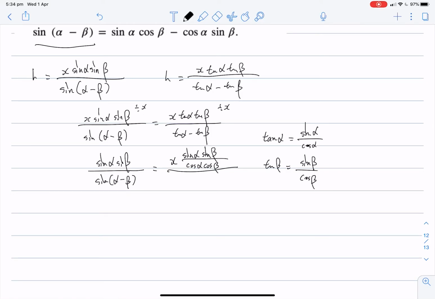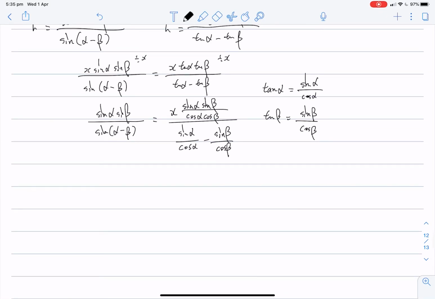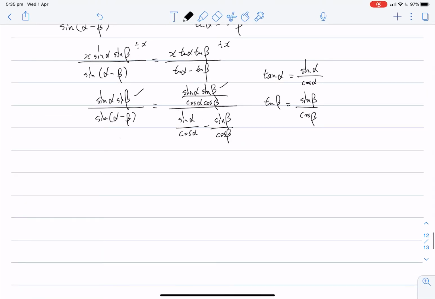The one on the bottom is a little bit more complicated. You've got sine alpha over cos alpha minus sine beta over cos beta. Wow, this is chaotic, but we've divided by x already. So these two here, we can divide both sides by, so at least that side is empty.